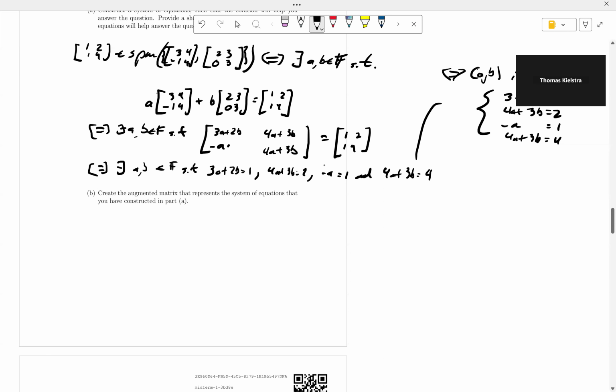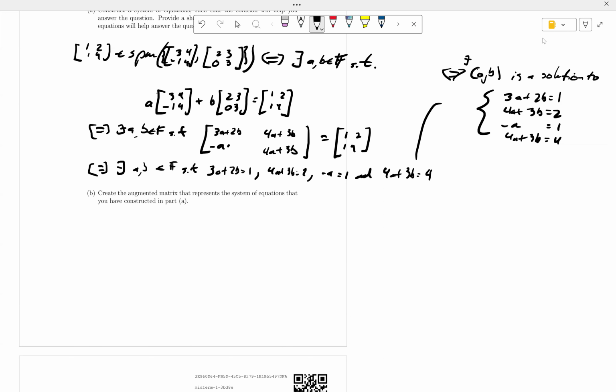So by answering this question, does a solution exist? So there exists an AB that is a solution to this system. So does a solution exist?